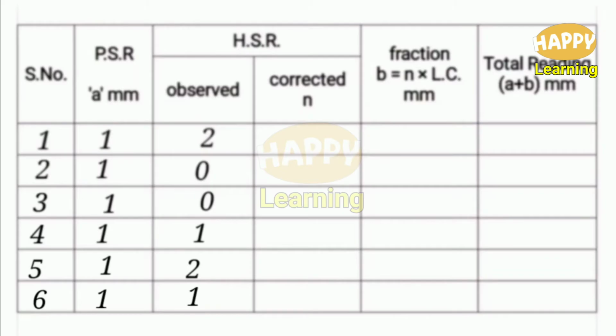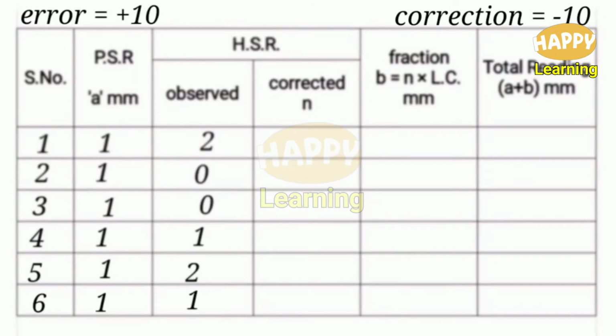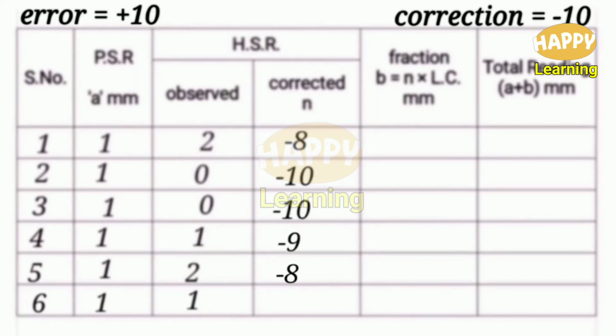Now let us think of the correction. Error is plus 10 and correction is minus 10. If you add minus 10 to the observed values, you get minus 8, minus 10, minus 10, minus 9, minus 8 and minus 9. Now let us calculate the fraction.